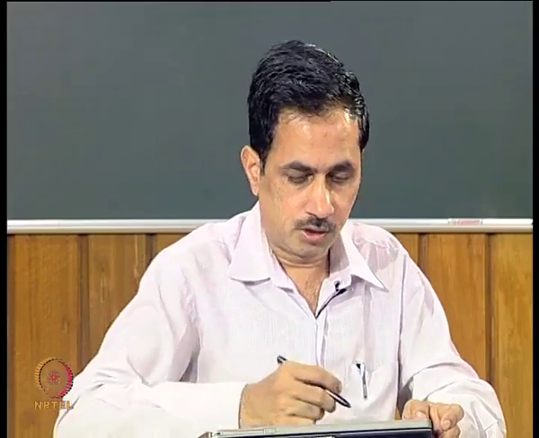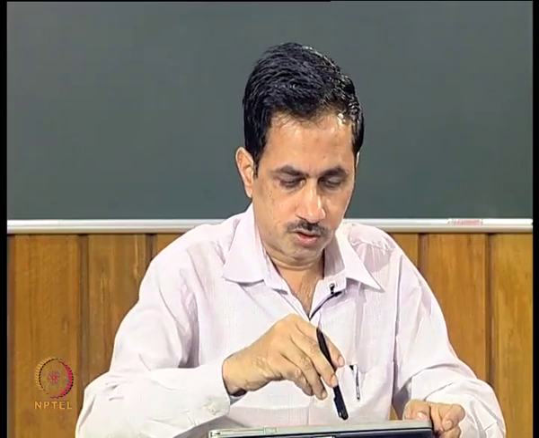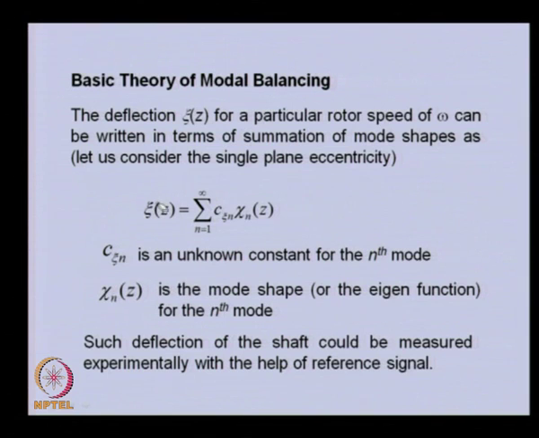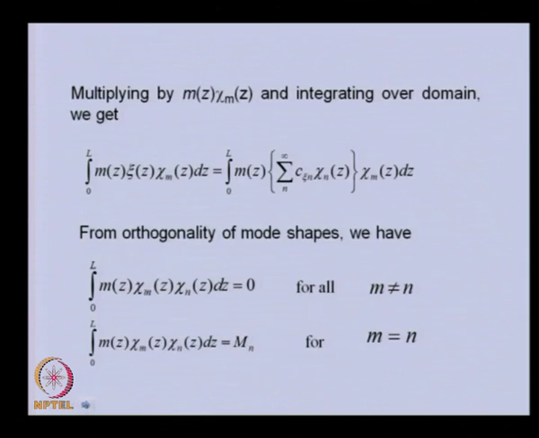Now, for that particular expression, again we multiply both sides by a different eigenfunction and also the mass per unit length, and we integrate over the domain. So, the previous expression we have multiplied by two terms and integrated over the domain, on both sides. Here we can again use the orthogonality condition to simplify this.